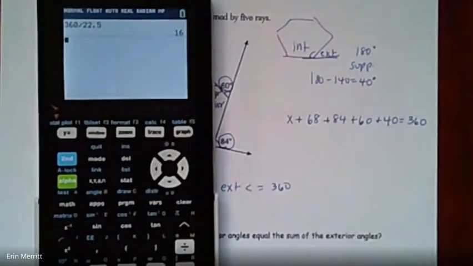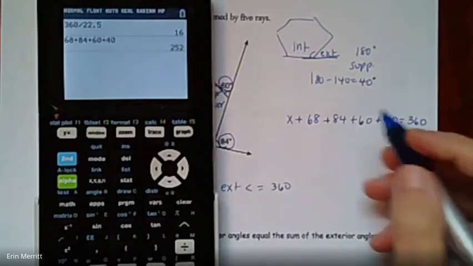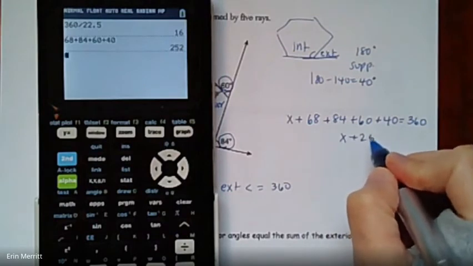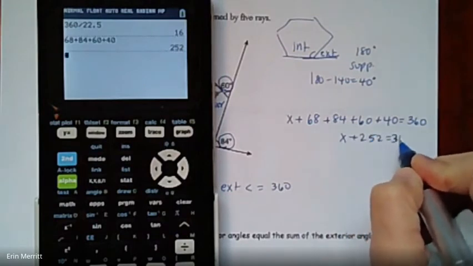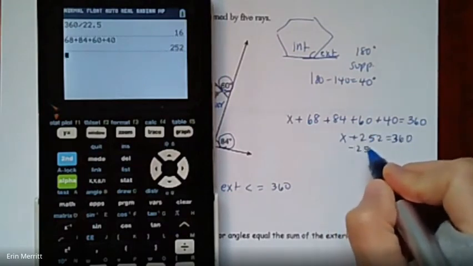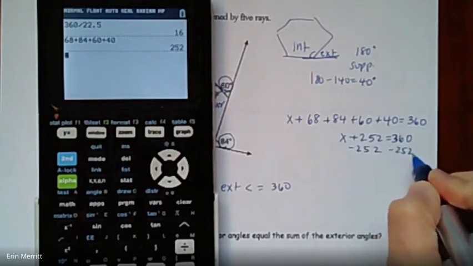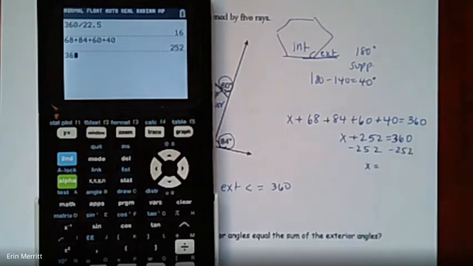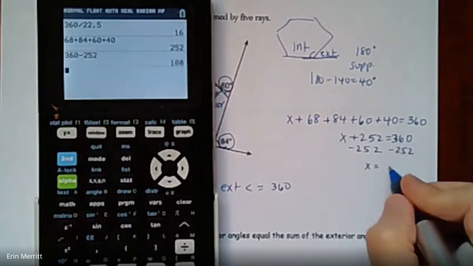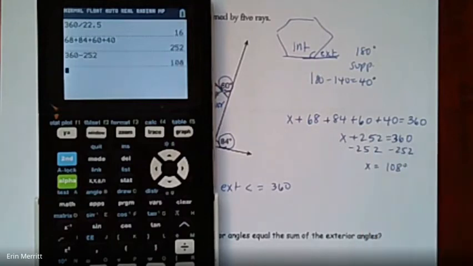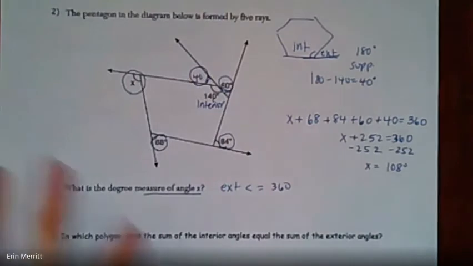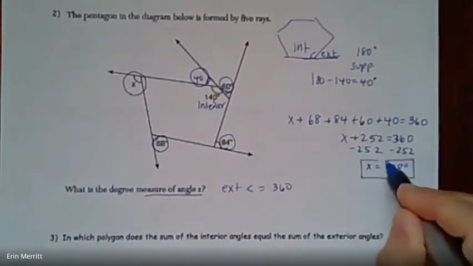Let the calculator do the bulk of that work. 68 plus 84 plus 60 plus 40 gives us X plus 252. Then you subtract that from 360, and we land with 108 degrees. That is that remaining exterior angle there.